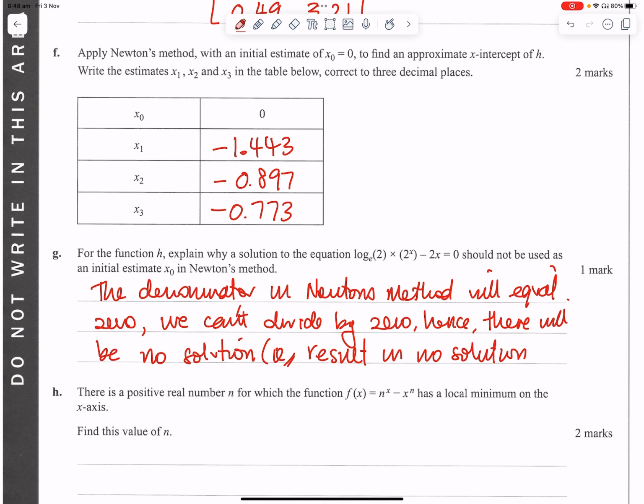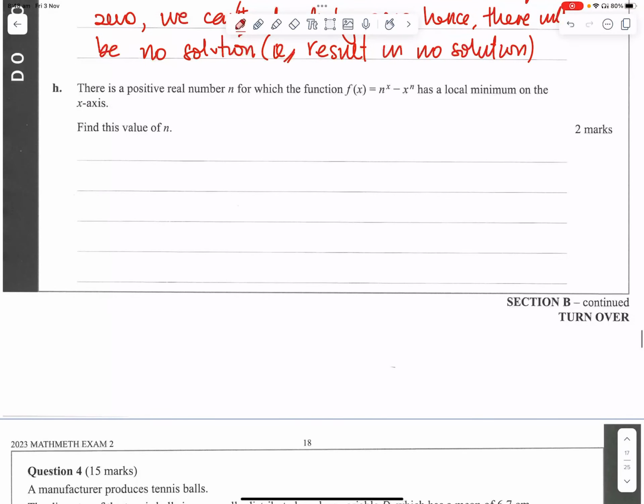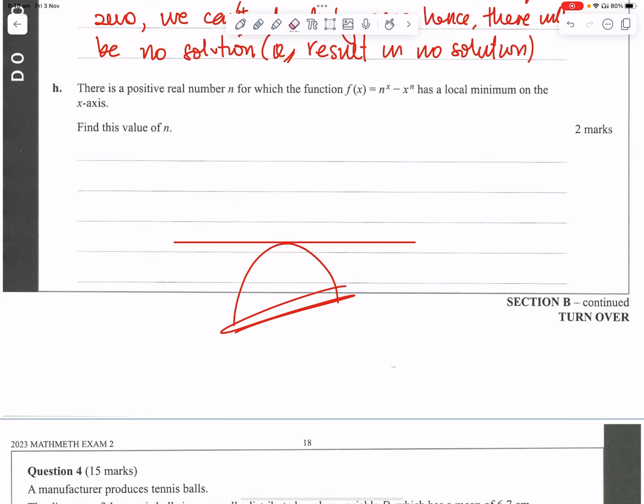Because it's a turning point. If you've got a turning point and you use Newton's method, it's never going to intercept the x-axis.